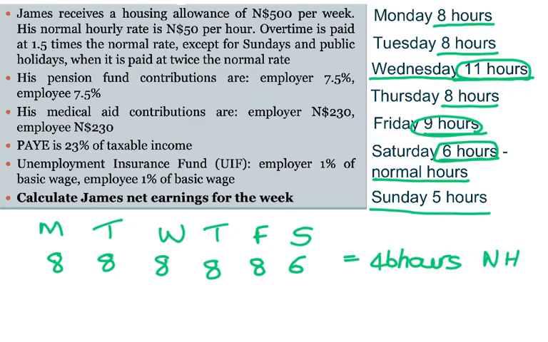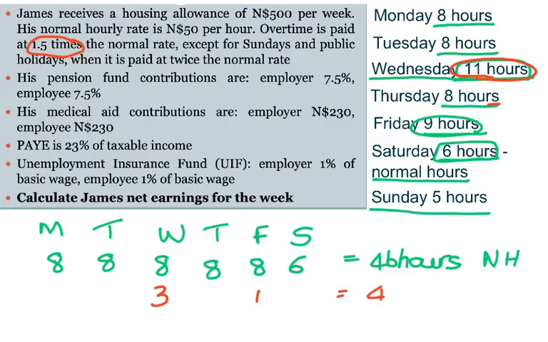All right, now let's look at the 1.5 times hours. On Wednesday, I notice it's 11 hours, 8 of those were normal hours, so 3 hours will be paid at 1.5 times. On Thursday, it was only 8 hours. On Friday, I had 1 hour at 1.5. On Saturday, I had none. And Sunday will be the double time. So how many hours do I have?